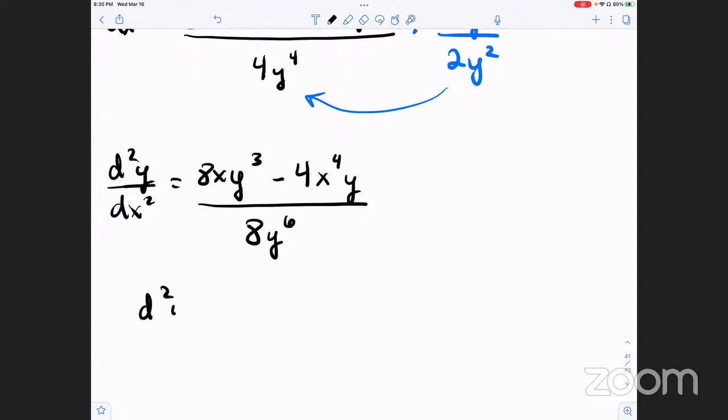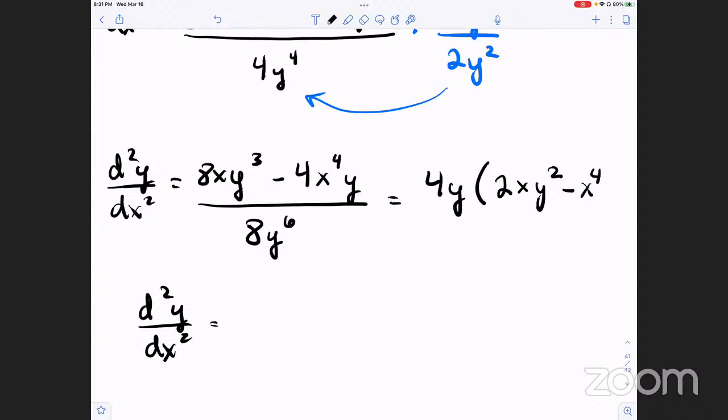So then we end up getting the second derivative of y with respect to x ends up being, we can factor out a 4 here. They all have a 4. They all have at least one y, and what's left is 2xy squared minus x to the 4 over 2y to the 5th.